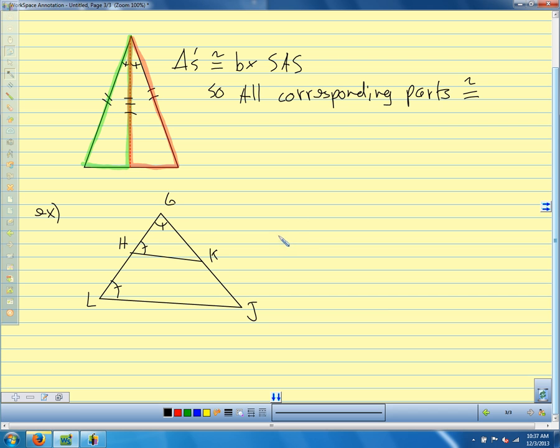And my first question here is segment GK, it's kind of like our opener, congruent to segment HK? And if so, why? So we want to know, is this segment congruent to that segment?